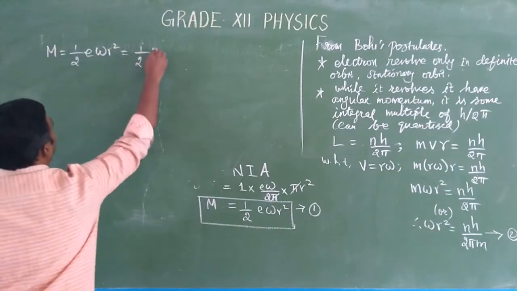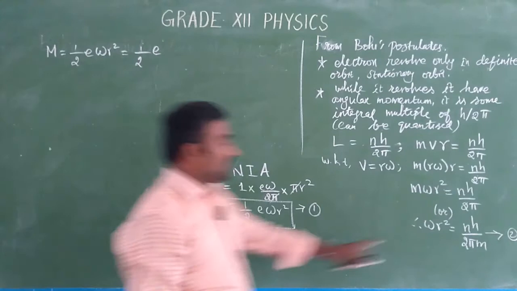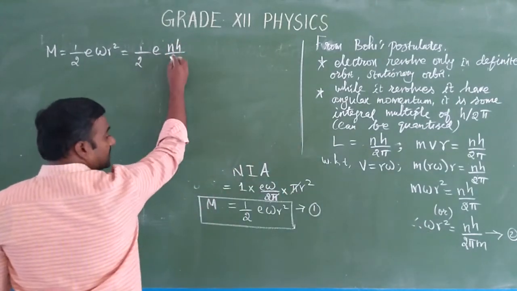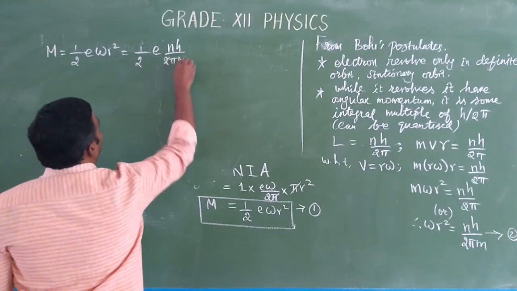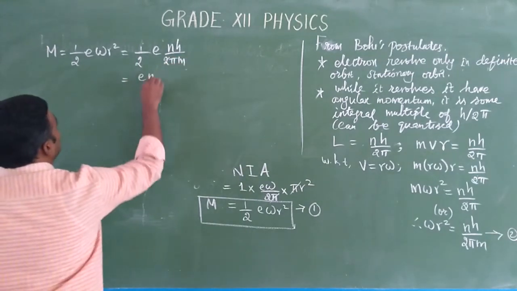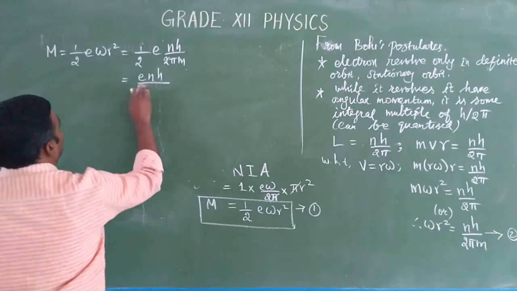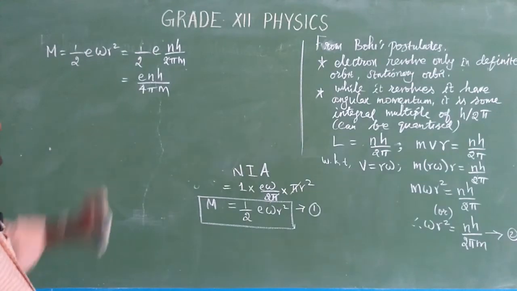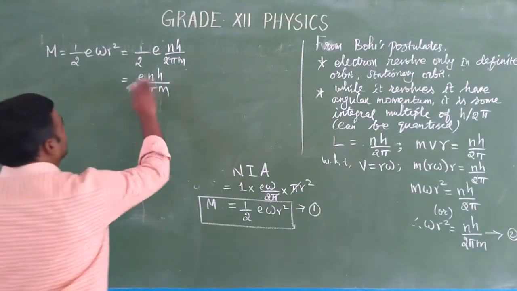So 1 by 2 into e into, what is omega r square? That is nh by 2 pi m, which is equal to e into nh by 4 pi m.